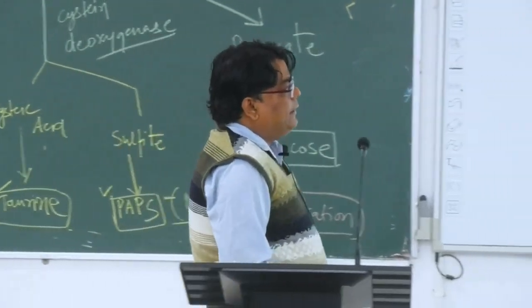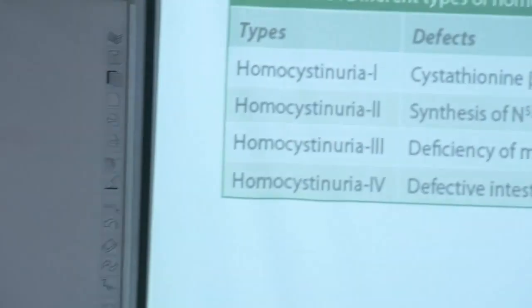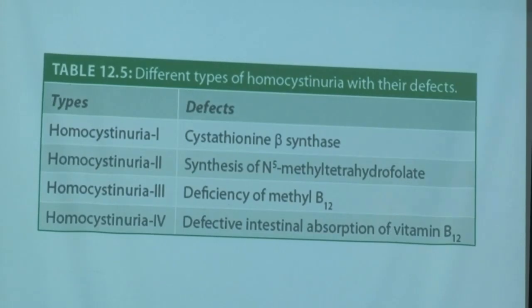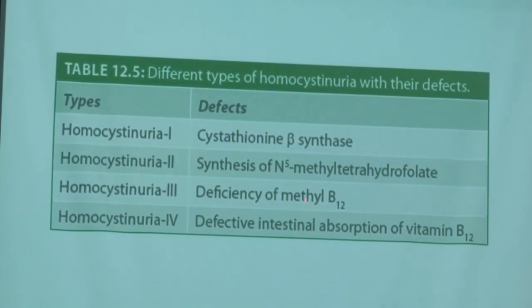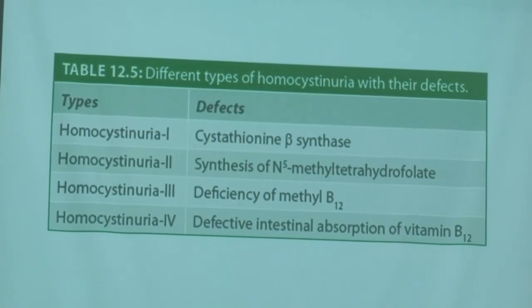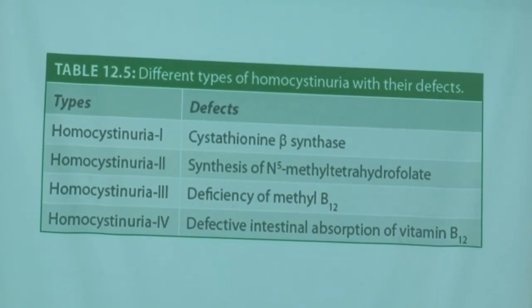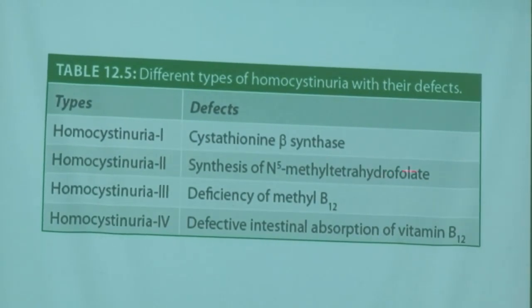These are the defects. Homocystinuria first is due to cystathionine beta synthase. Homocystinuria second is due to defective synthesis of N5-methyl tetrahydrofolate, a very important term. That means it is a condition of folate trap.